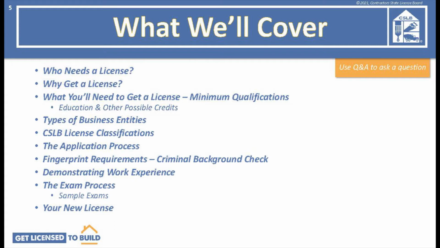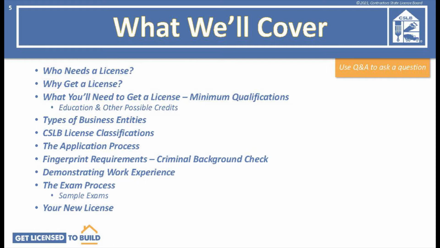So here's a list of what we are going to be covering today. We will take you through the process of applying for your California contractor's license. First, who needs a license? Then, why get a contractor's license? What are the minimum qualifications you'll need to get a license, and what credits you might qualify for? We're going to talk about the types of business entities and the different CSLB license classifications.